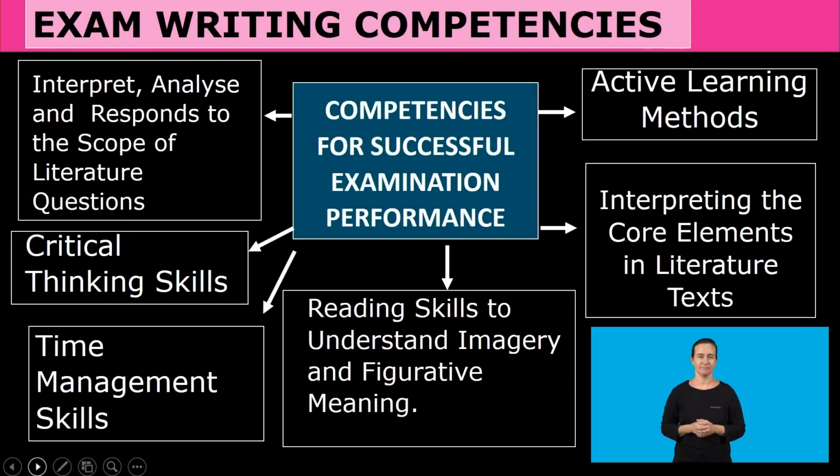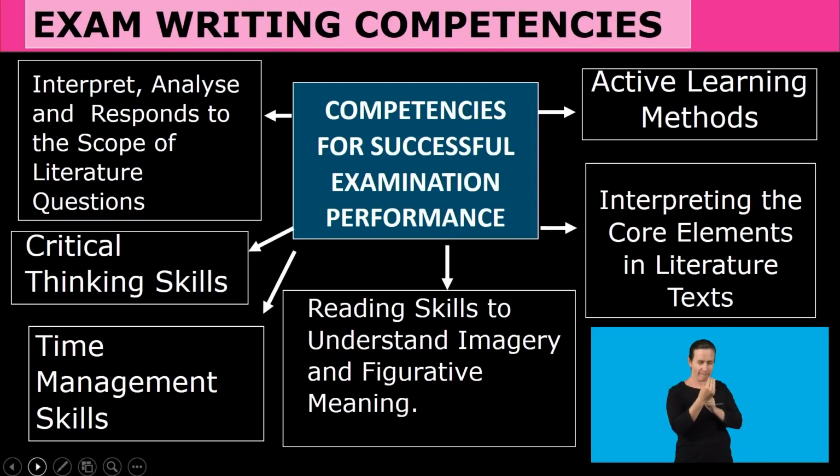All right. Remember, in our exam writing competencies, which means when I go into an exam setting, what are the list of things that I need to have or need to know in order to respond appropriately to an exam writing session? Remember, in this instance, we want you to interpret, analyze, and respond to the scope of literature questions.